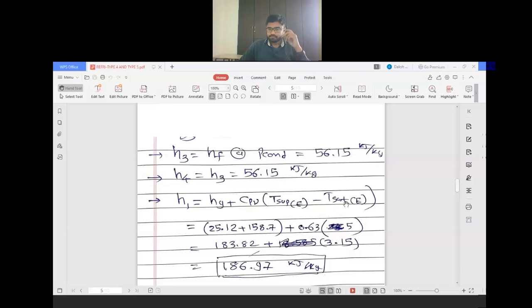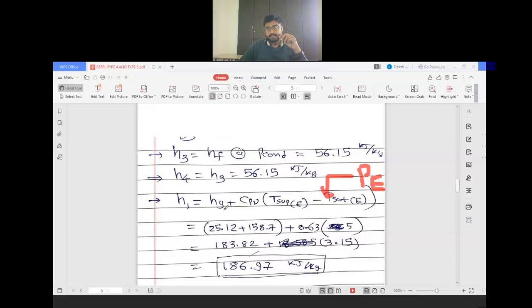Now in this formula we require Hg, but remember, all the data you have to take at evaporator pressure. Clear? Because our point number 1 is below the line, that's why it is known as H1.